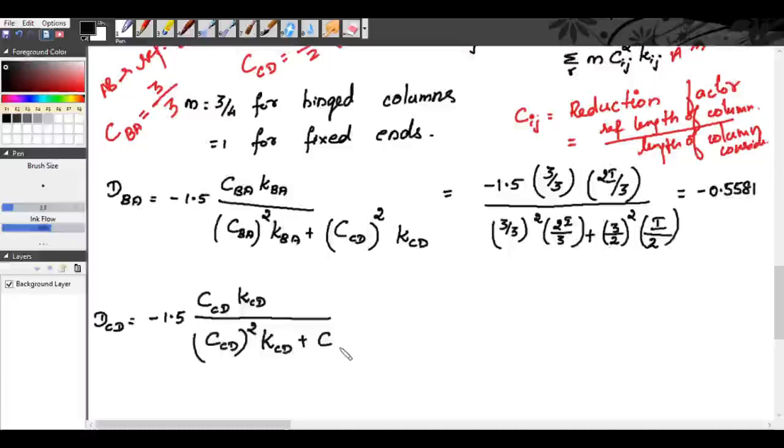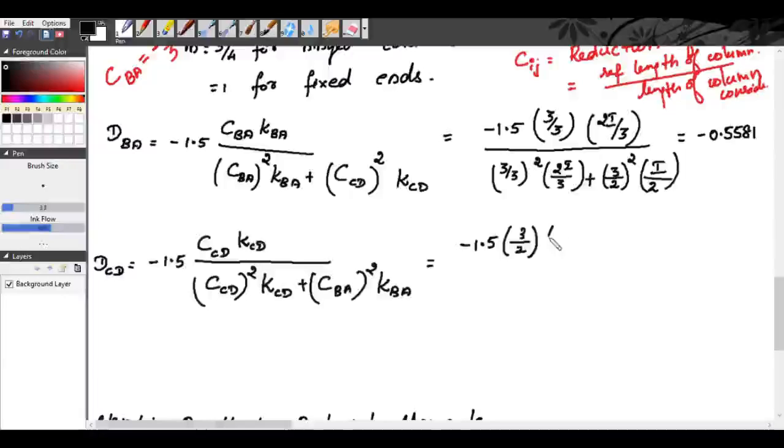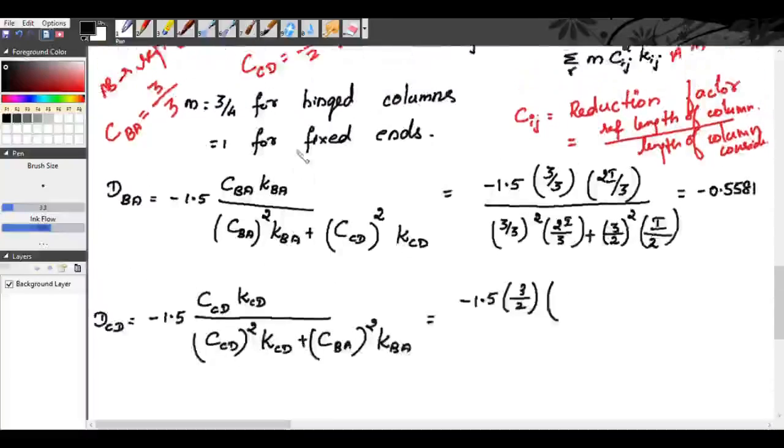By CBA square KBA. So, we get minus 1.5 into CCD is 3 by 2. Okay, we have found here. This is 3 by 2 multiplied by KCD.